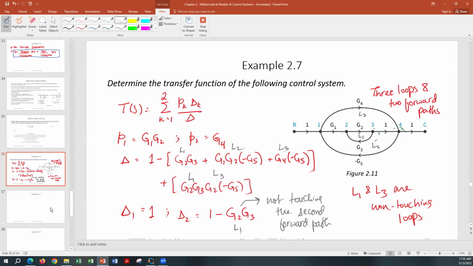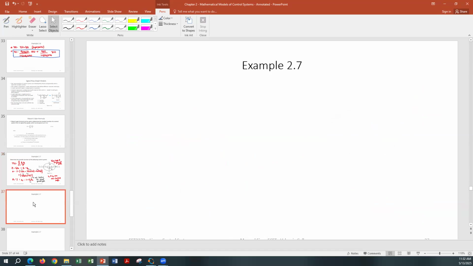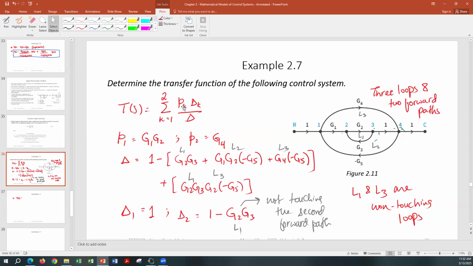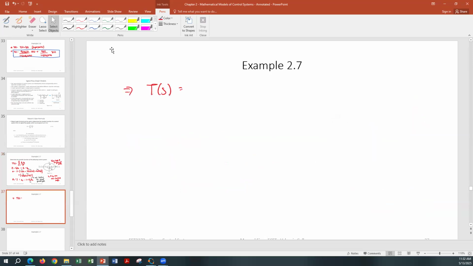So now we have everything, and we're going to write down the transfer function. T of S is equal to P1 delta 1 plus P2 delta 2 over delta.